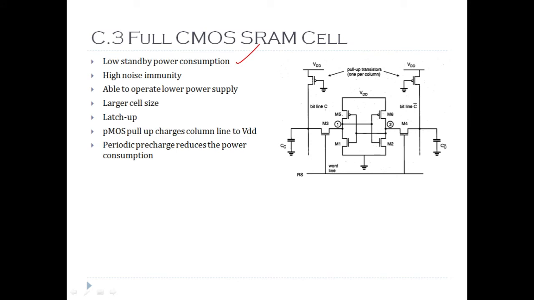Second is noise immunity. Like we have said, noise immunity basically depends upon VOH and VOL value. In this case, your VOH value will always be VDD, because when these transistors are on, they will present very small resistance. So your VOH value is a kind of short circuit here whenever one of these transistors is on.